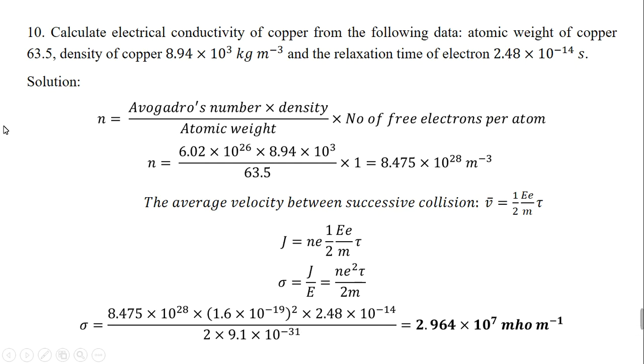If you calculate, you will get 2.964 into 10 raised to 7 mho per meter. It is the reciprocal of resistivity. Resistivity unit is ohm meter. So the unit of electrical conductivity is mho per meter. So this is all about the problem.